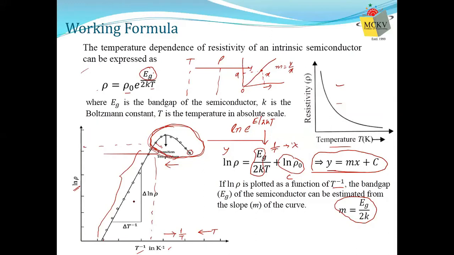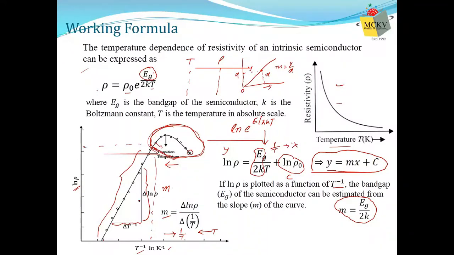But here it is not passing through the origin. So within this straight line region, we'll draw a triangle like this, and the slope can be determined from this triangle. The slope will be delta of log rho, that is this length, the perpendicular, by the base of that small or large triangle you draw. That will be the measurement of slope.